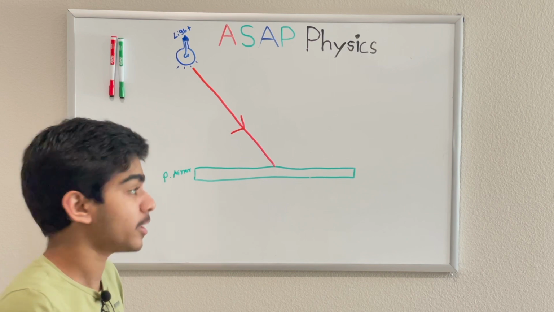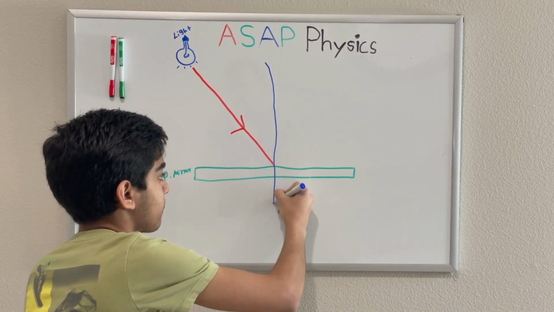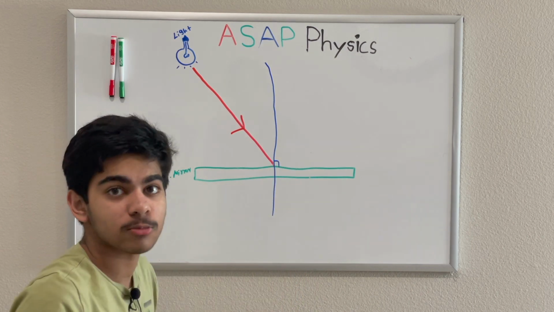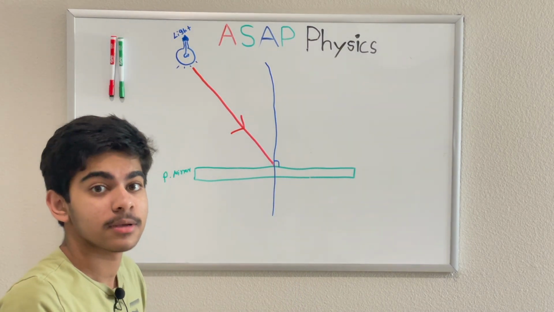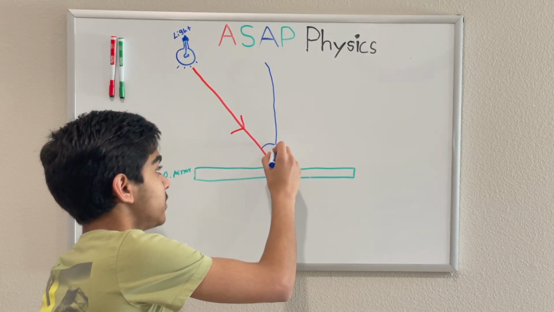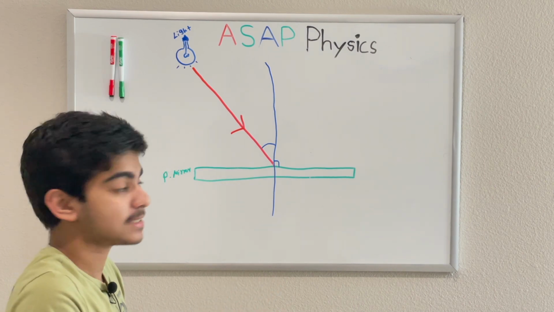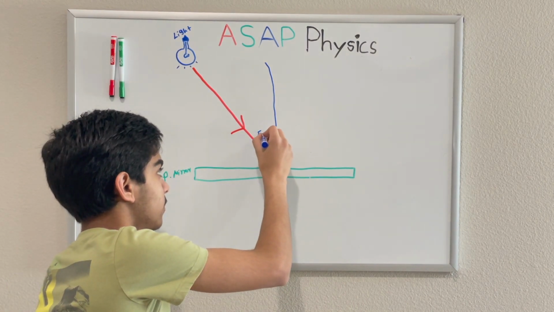First, I would start off by drawing a line of normal. The line of normal is always 90 degrees to the surface. Now, I would measure the angle between the actual ray and the normal. Let's say for this instance that the angle is 50 degrees.